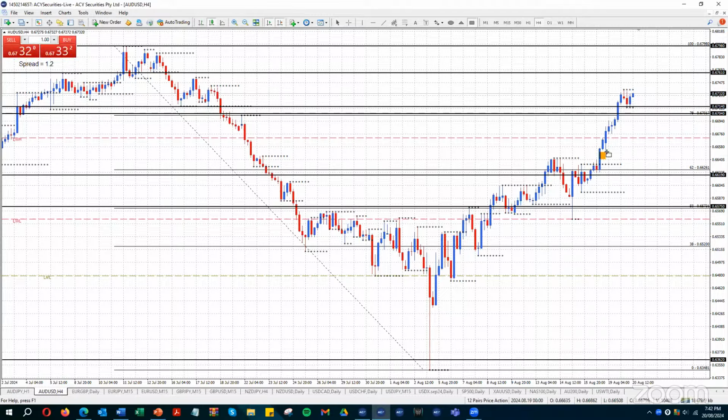There's one in here. There's one there. One in there. And there's one in here as well. All right, so if we start to see a turnaround, then there's a possibility of price coming back to fill these imbalances.